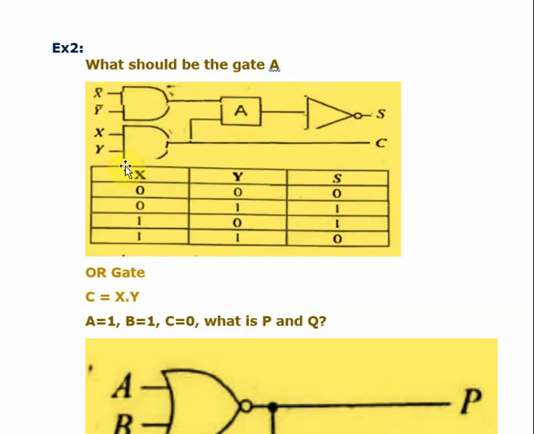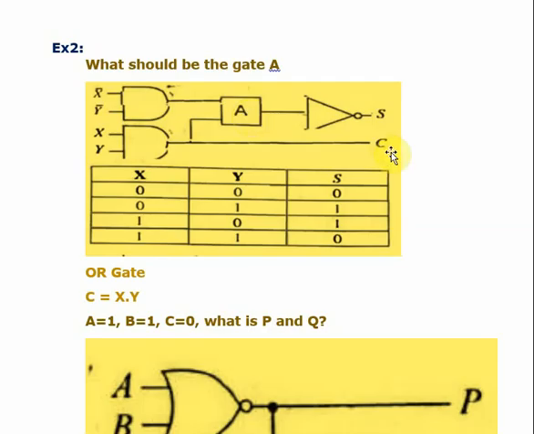Why? Here 1 and 1, 1. Here 0 and 0, 0. For 1 or 0, you will get 1. If it is an AND gate, what will happen? 1 and 0, you get 0. Then the output will be 1. So looking at one output itself, you can decide this is an OR gate.